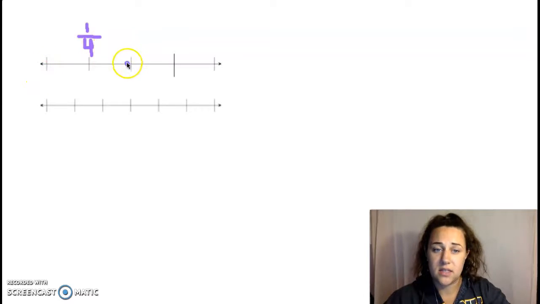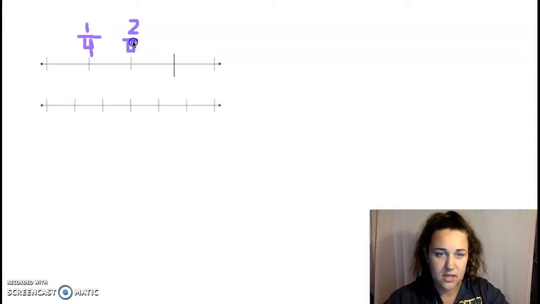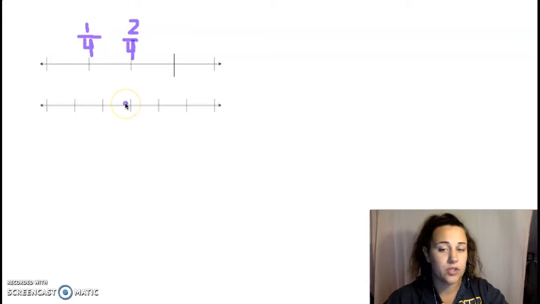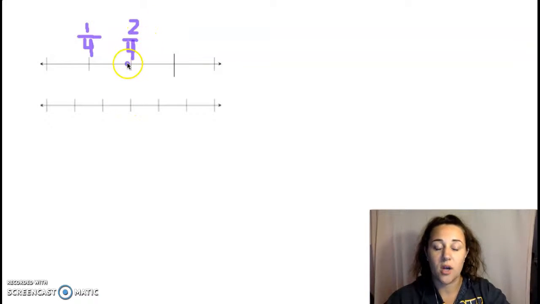Then I go to the next line, and I have 1, 2. So now this one's going to be 2 out of 4 because we still have the same. I didn't add any. I didn't take any equal parts away. 2 out of 4, or 2/4. Then we go 1, 2, 3, 3 out of 4, or 3/4.